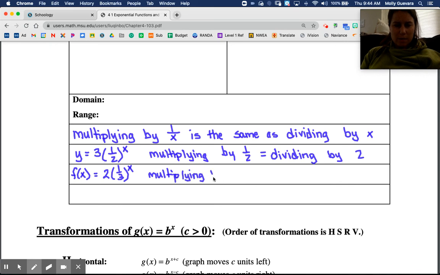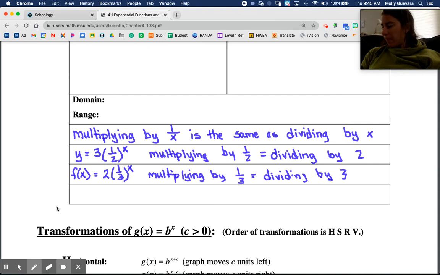So you multiply by 1/3 to get your next point, and then multiply by 1/3 to get the next point, and the next point. Or you can just think of it as, hey, I'm dividing by 3 every time. Sometimes it's helpful to think about it as multiplying, but sometimes it's helpful to think about it as dividing.